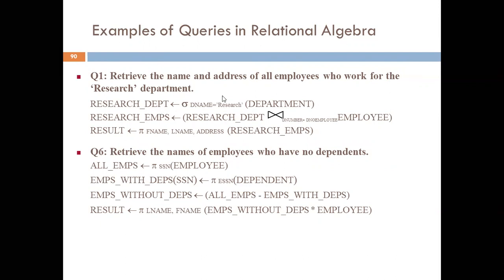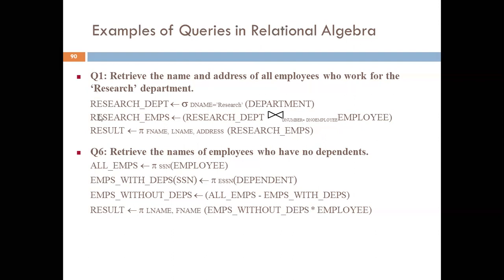Now this table and the employee table we are joining: research department and employee. What is the joining condition? The joining condition is department number is equal to department number. This attribute is from the employee table, so D number is equal to D number of employee. They will be extracted and stored in research underscore employee.